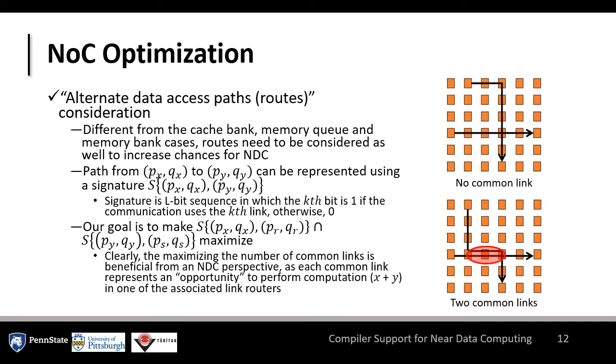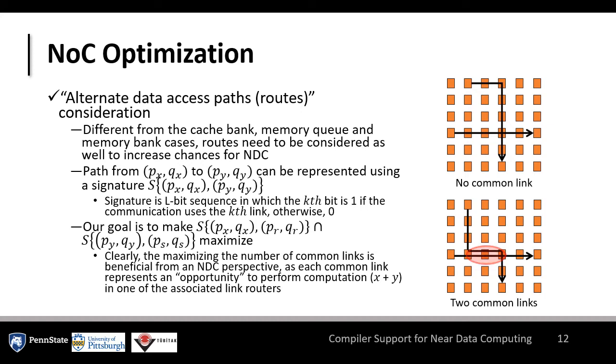But if you change the routing a bit, it is still a minimum distance routing, you now maximize the overlap between these two paths, or signatures as we call them, and you increase the number of hardware components where you can perform near data computation.